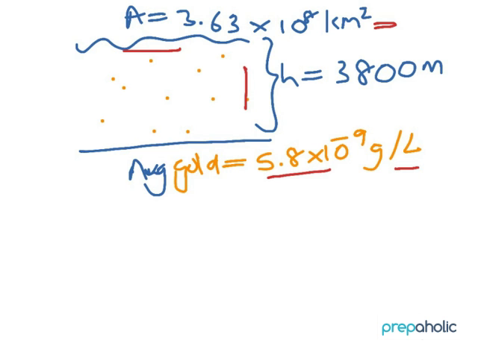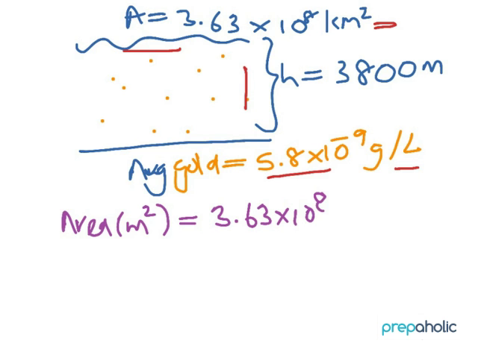So let's just look at the area. Let's convert the area of the ocean into square meters. We know that the area of the ocean is 3.63 into 10 to the power 8 square kilometers. And we know the relationship between 1 kilometer and meters, which is 1,000.